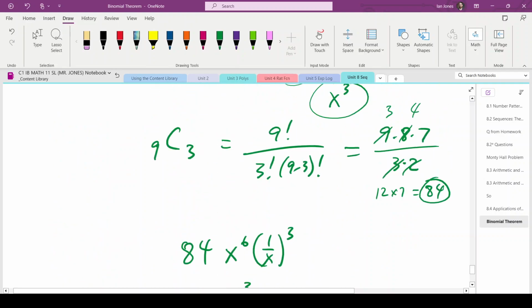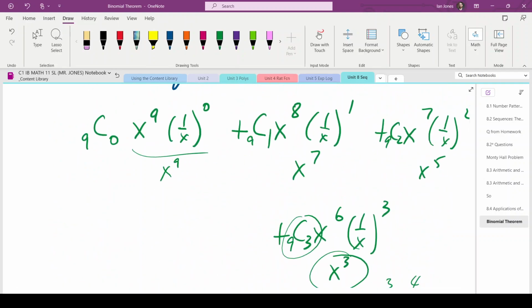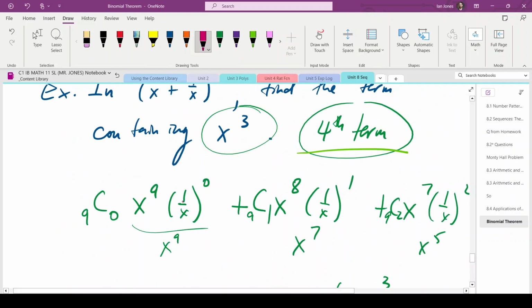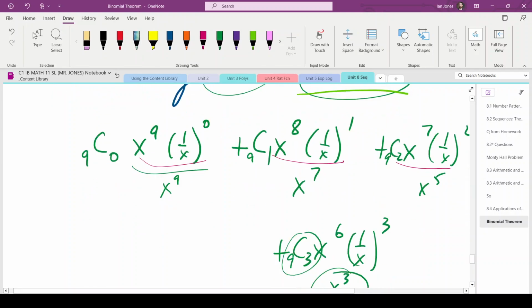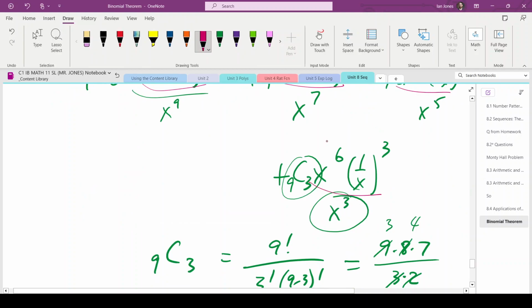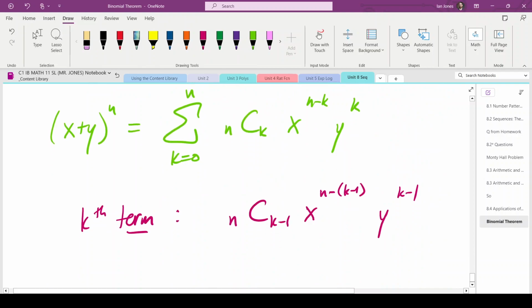So when I found out up here that it's the fourth term, just by evaluating what would happen with my x and 1 over x bits and waiting to see when this would work out to x cubed, as I was asked for, I could now just use this formula here.